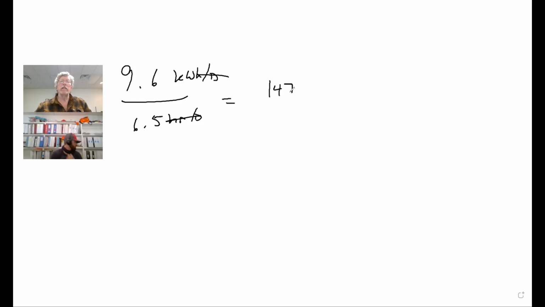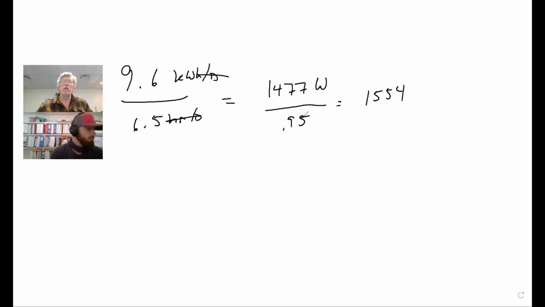So 1,477 watts, or 1.477 kilowatts. That's what the size would be if it were 100% efficient, but it's not. It's only 95% efficient. So we divide that by the derate, divided by 0.95, and we end up at 1,554. If you get a smaller number, then you multiplied times your derate. You didn't divide. So that's the size of the array, 1,554 watts.